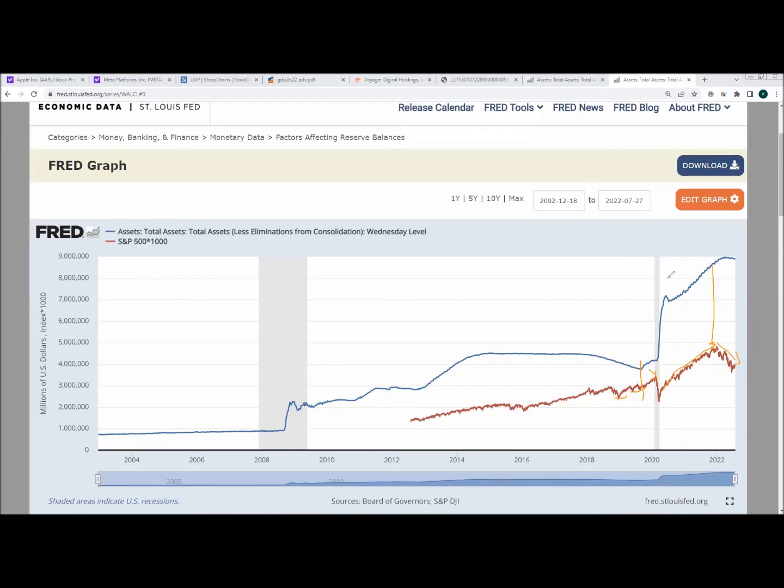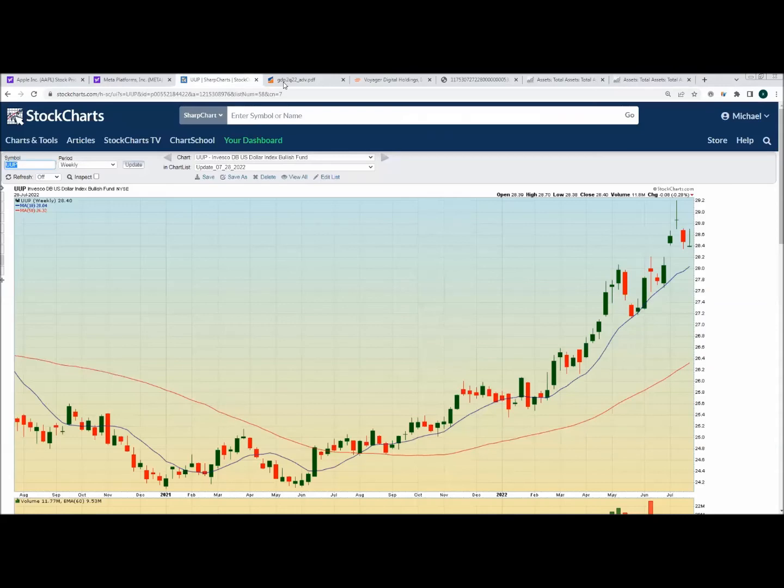And so that's why I think you see that action in the market. I mean, it's a very strong correlation. You can debate the crap out of that as well, but that's just what I see. So I think that will be it for today.